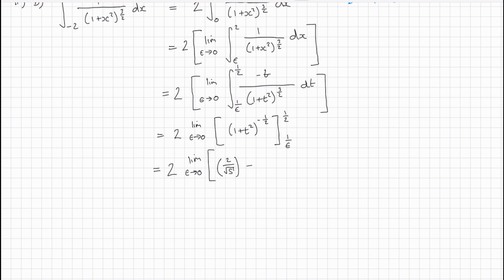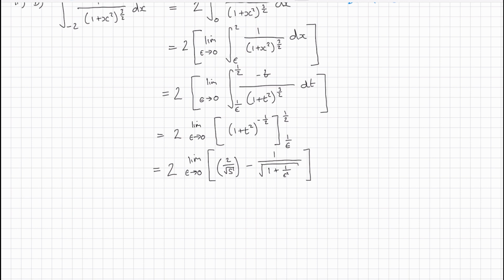And now we need to deal with the limit case. So we've got 1 plus 1 over epsilon squared, all square rooted.